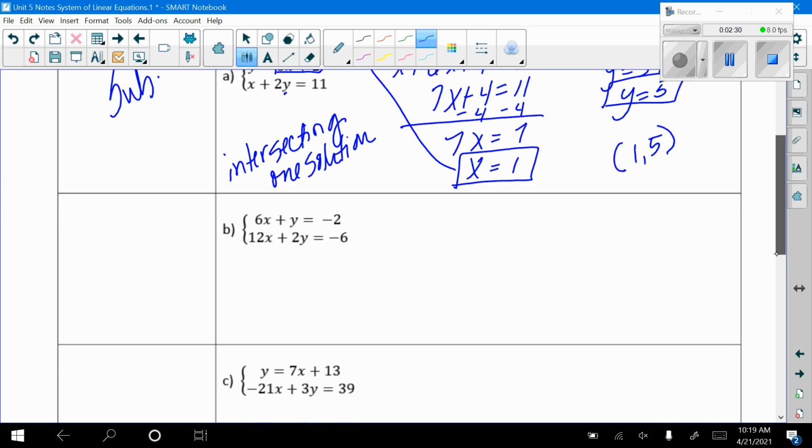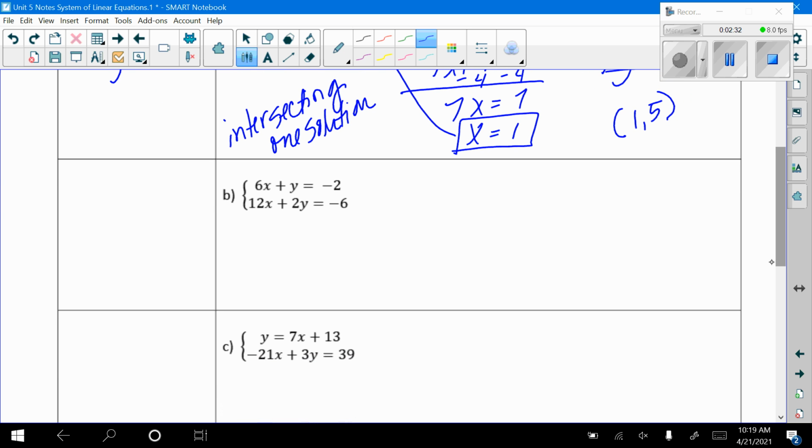The next one, they're both in standard form, so ax plus by equals c, they're all lined up. I do have to do some manipulation, so I'm going to have to manipulate and then eliminate. I'm going to multiply this top one by -2 to get rid of my x's. So when I do that, I'm going to put it down below, it's going to give me -12x minus 2y equals 4.